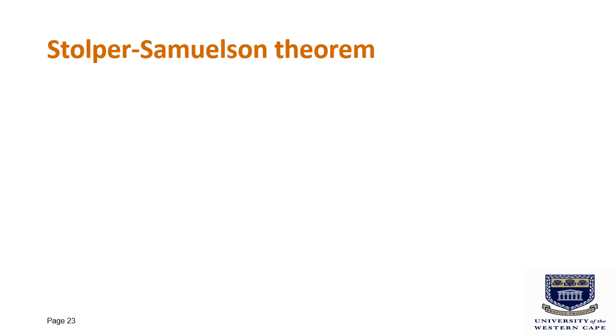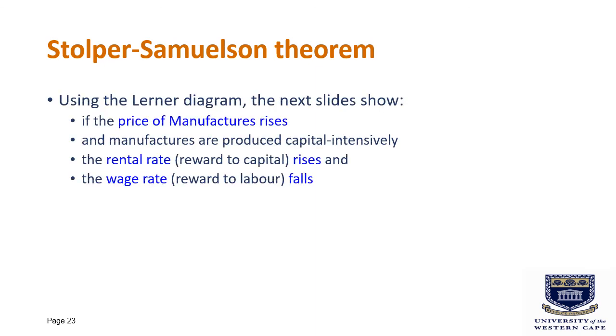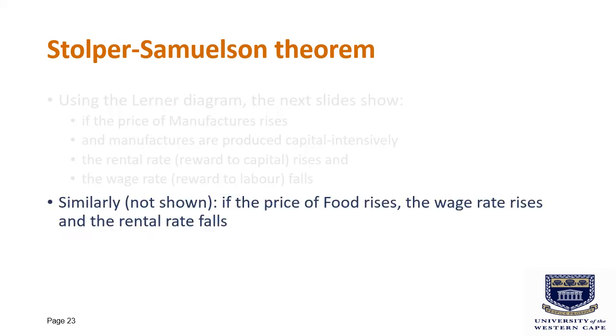So finally, we can look at the Stolper-Samuelson theorem using the Lerner diagram. In the next few slides, we're going to look at the manufacturing good and what happens when that product's price increases. We know the manufacturing product is capital intensive. We're going to look at how the rental rate, or the reward to capital, rises and the wage rate falls.